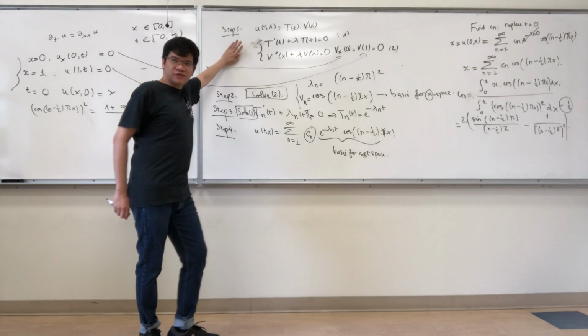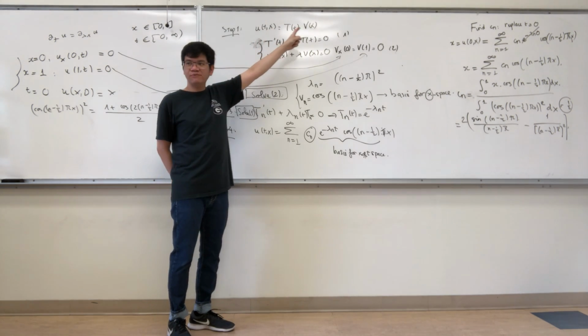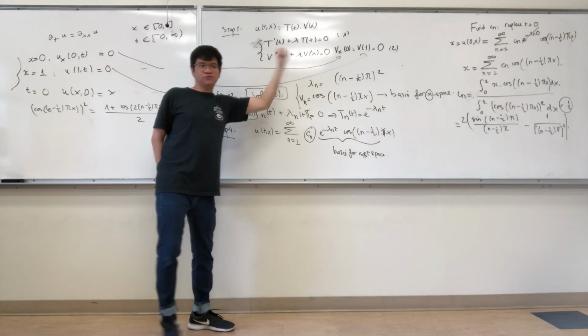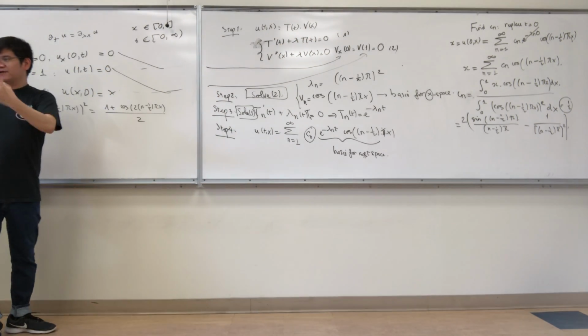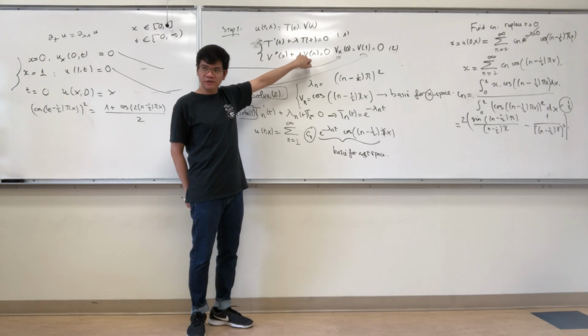Now, how do you use the separable method? You suppose that U is a product of a function of t and a function of x. You plug this into the equation. Then you find two equations, one equation for t and one equation for x.